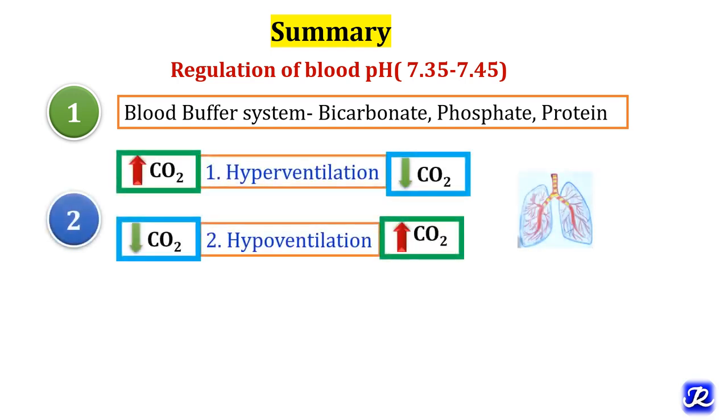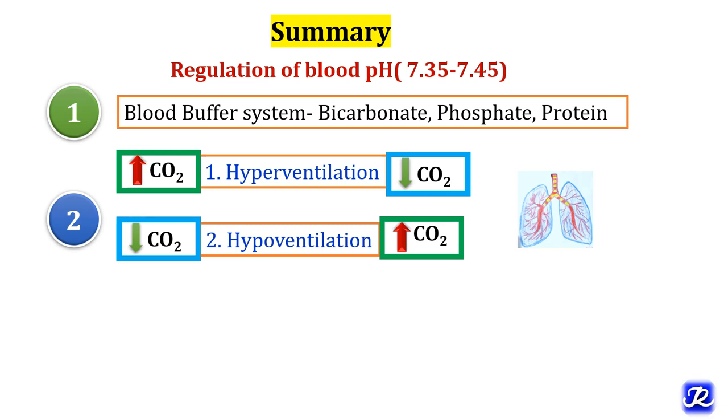The second most important mechanism is respiratory mechanism. Whenever there is increase in carbon dioxide concentration and hydrogen ion concentration, it activates respiratory centers and results in hyperventilation, that is increased rate and depth of respiration. So ultimately it results in increased expiration of carbon dioxide from lungs, and decreased carbon dioxide in the blood.